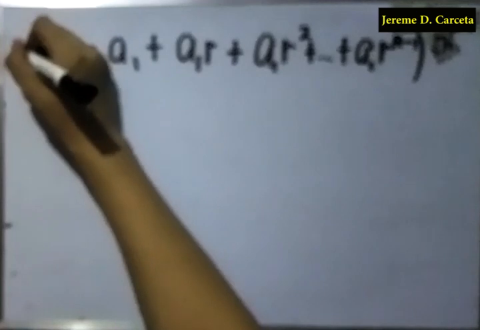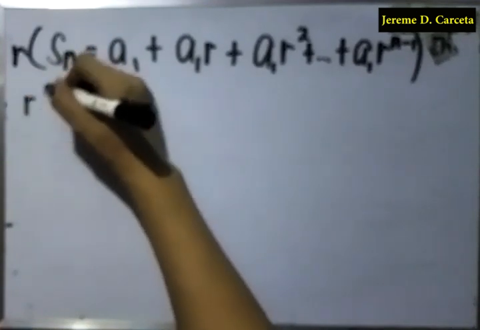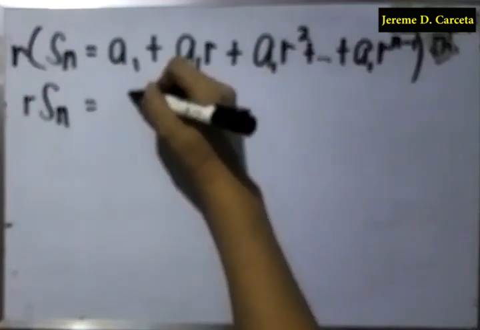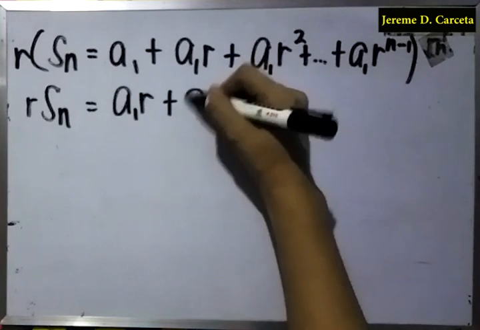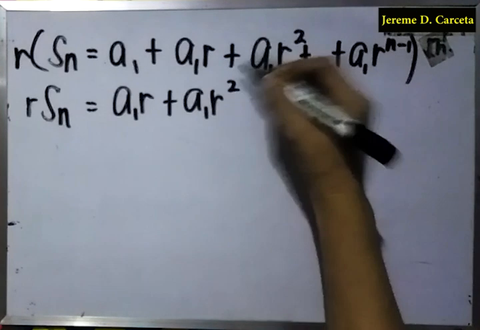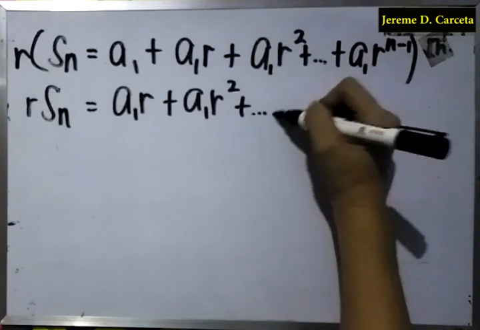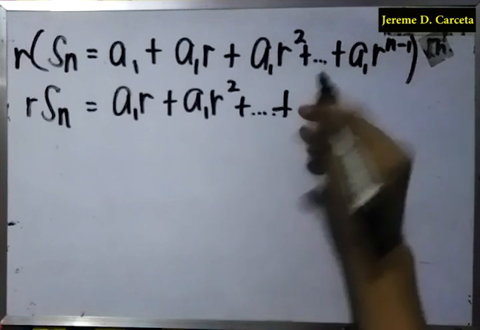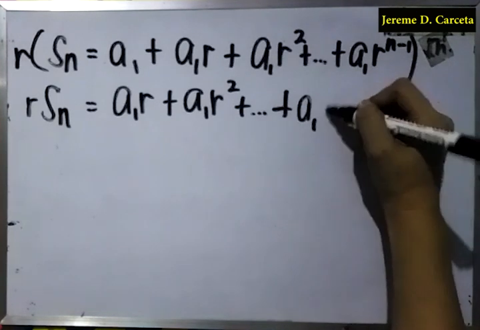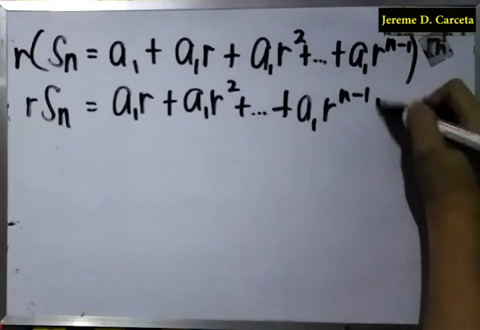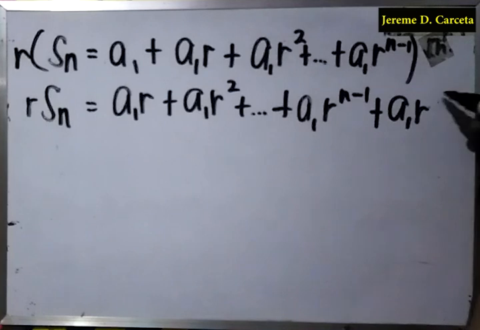Multiply this by r, and we get r times S sub n is equal to a sub 1 times r plus a sub 1 times r squared until we have here a sub 1 times r raised to n minus 1 plus a sub 1 times r raised to n.